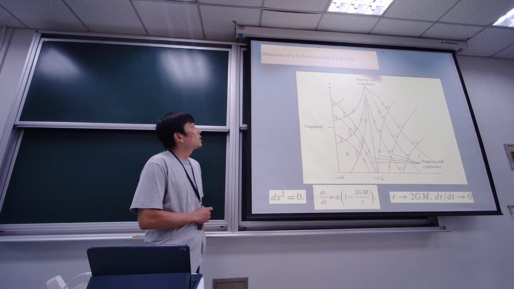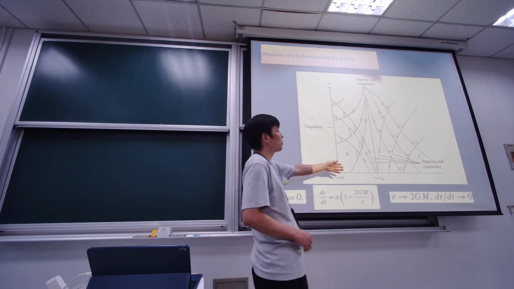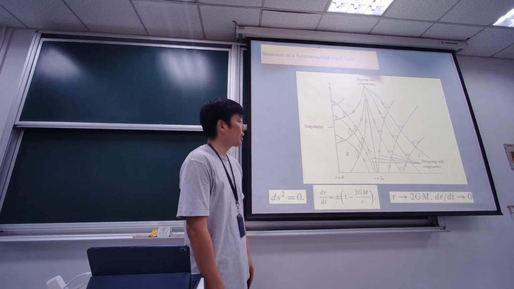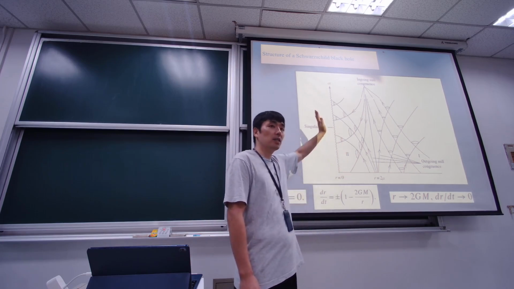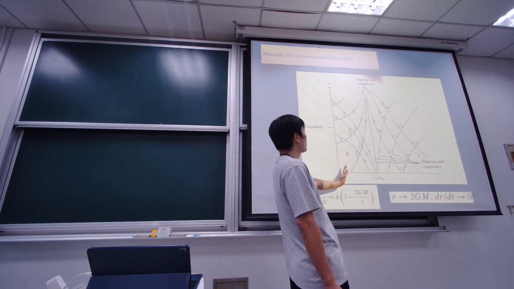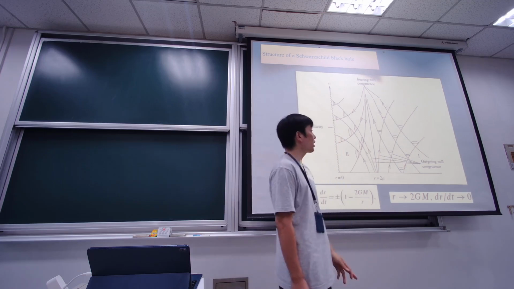And then after Finkelstein appeared, this is the causal structure of the Schwarzschild black hole. Again, as I mentioned, r equal to 0 is the position of the singularity, and the event horizon is the Schwarzschild radius.